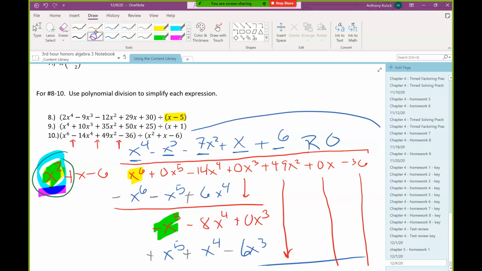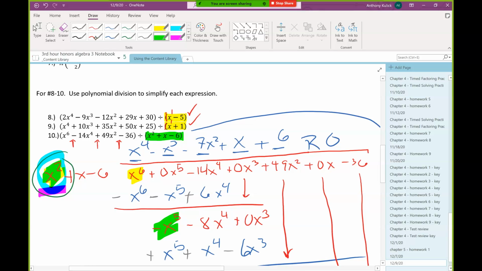Number 8, if I look at the divisor, has a leading coefficient of 1 and a degree of 1. So we could do synthetic division for number 8. Similarly on number 9, our leading coefficient is 1 and our degree is 1. So we could do the synthetic division here on number 9.